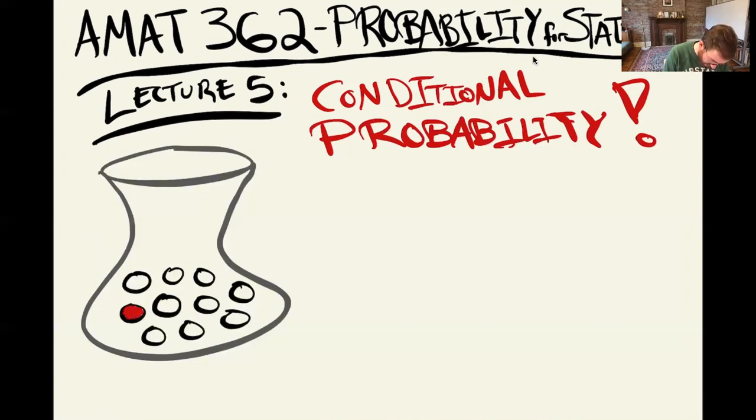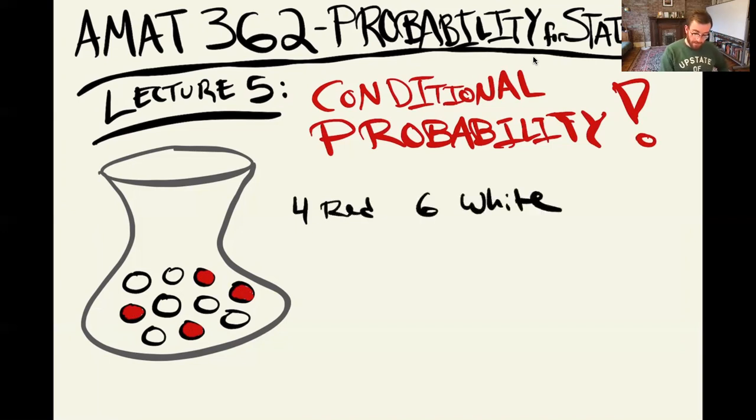Let's say there are 4 red balls and 6 white. So we have 4 red, 6 white, in an urn.